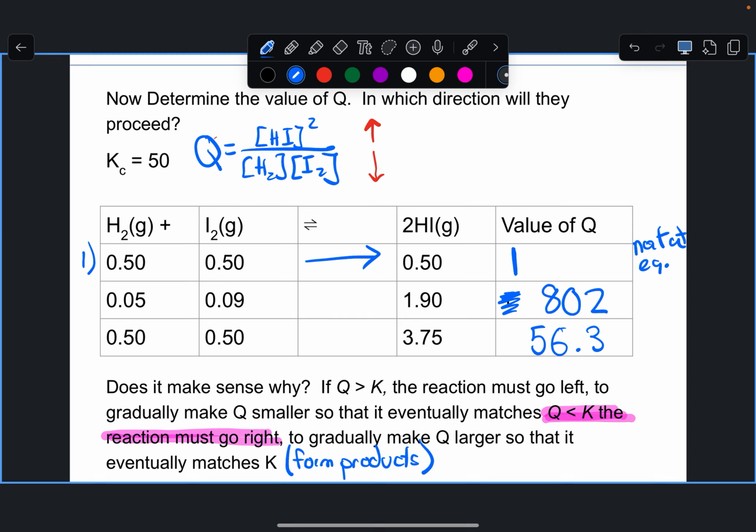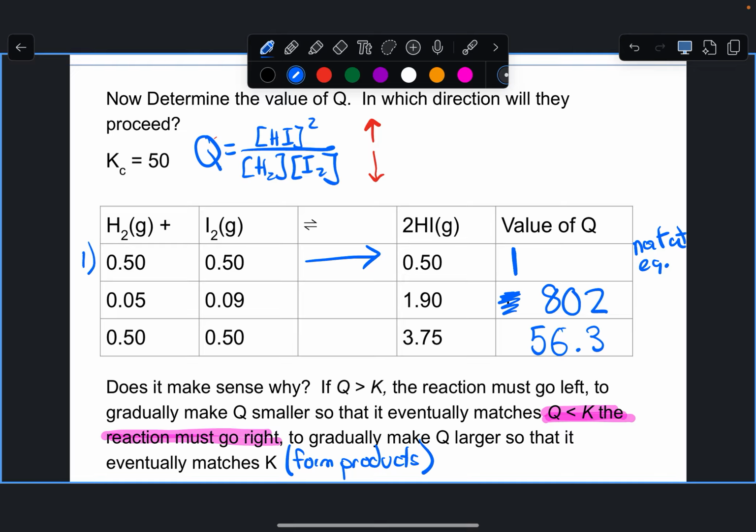Okay, so with these numbers, both of them are larger than the K. One is hugely larger than the K. One is just slightly larger. But what that means is the ratio is off with a little bit too much product. We need to bring it down a little bit for the third one, way too much for the second one, right? We need to bring the product down and make some reactant in the process.